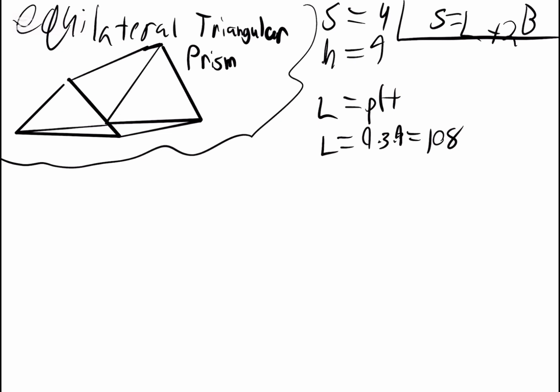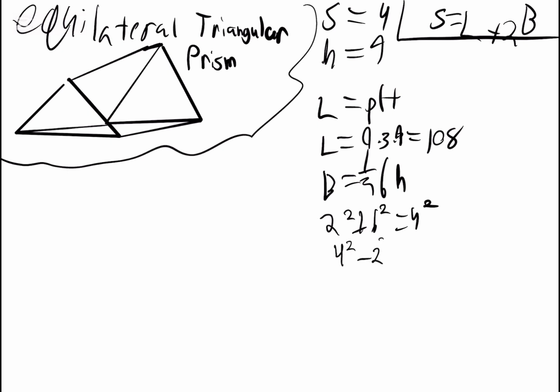So, now for B, we would do 1/2 base times height. So for that, we would do 2 squared plus b squared equals 4 squared. Use Pythagorean theorem. That would end up equaling 4 squared minus 2 squared equals 12.